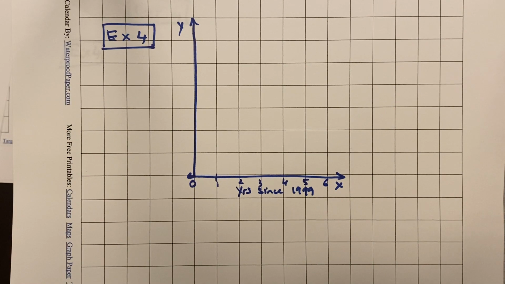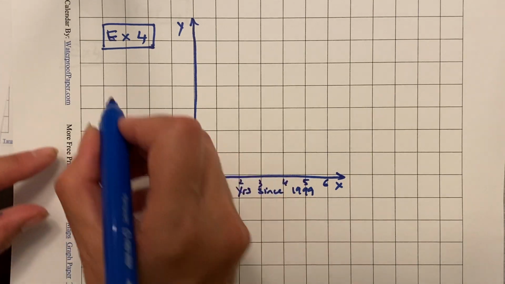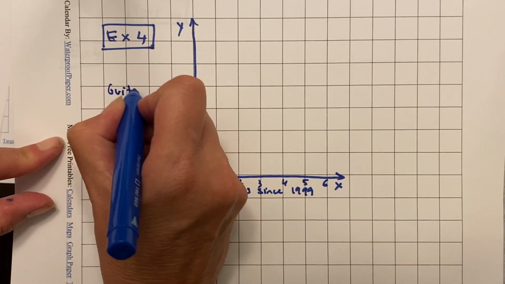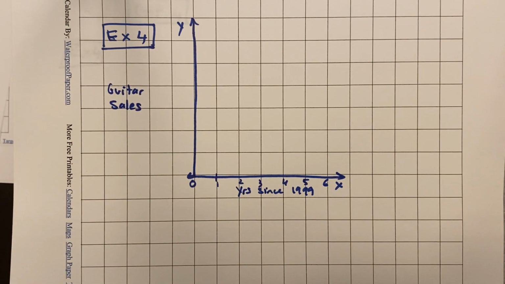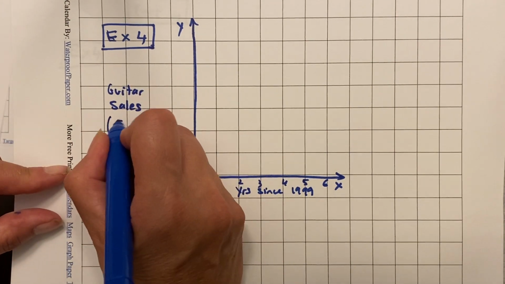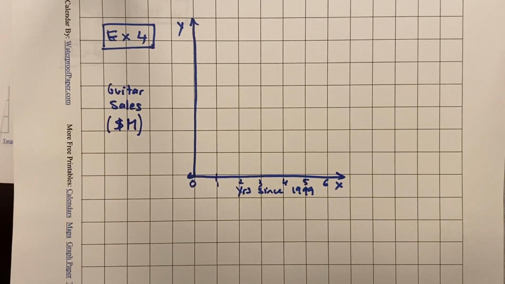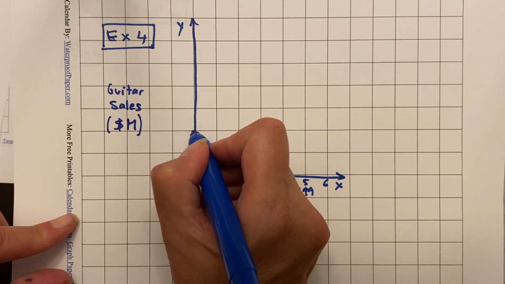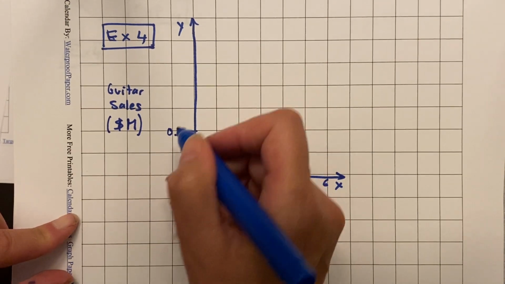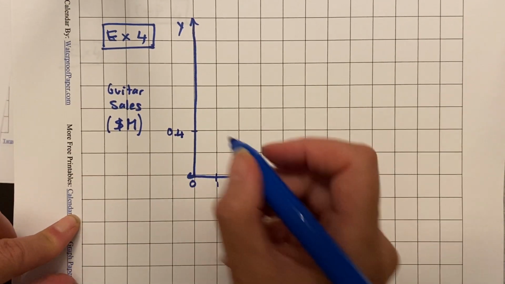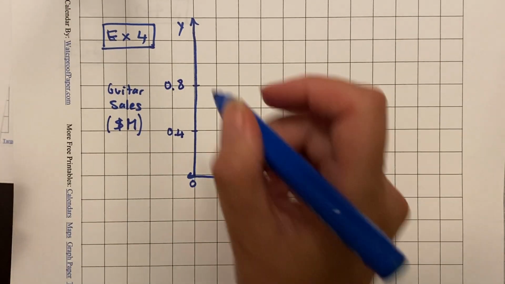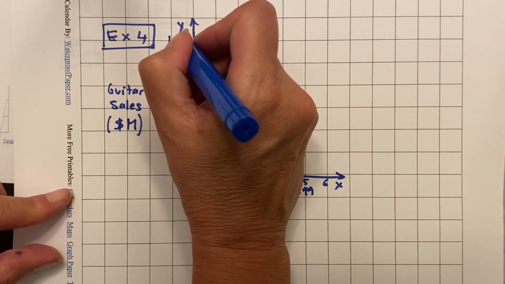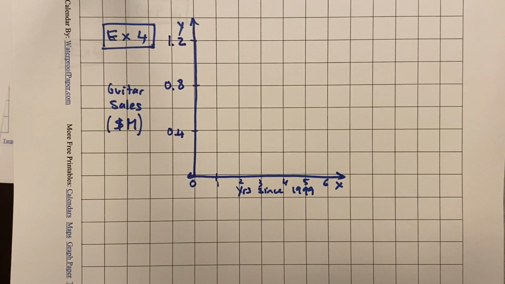And we're talking about guitar sales, right? So on this axis, I'm going to have guitar sales, and we're told it's in millions of dollars, which is usually a big M with a dollar sign. That's in millions of dollars. Okay, and we have 0.4 million, which is basically 400,000. 0.8 million, which is 800,000. And $1.2 million up here.